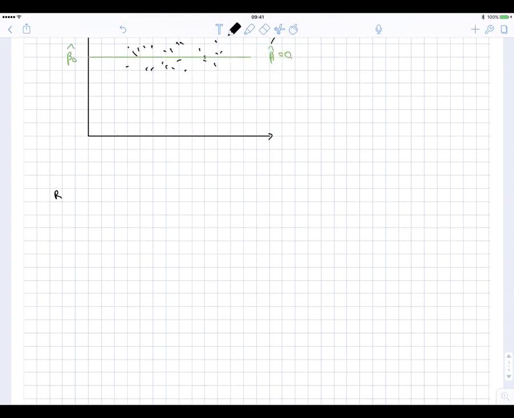What's R squared? It's explained sum of squares over total sum of squares. What's explained sum of squares? Sum of yi hat minus y bar, squared, over sum of yi minus y bar squared.